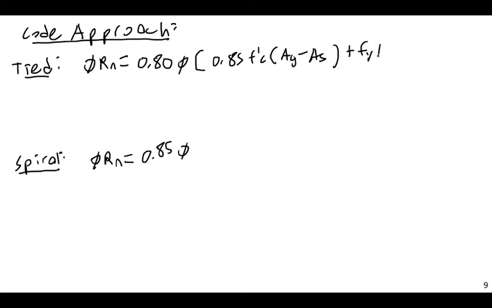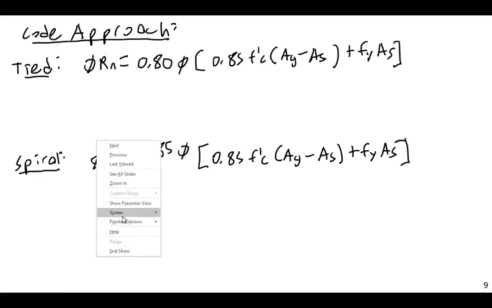Fy times As. And this is going to be the same thing, 0.85 F prime C times Ag minus As. Basically, this is just a way of calculating the area of the concrete. Plus Fy As.